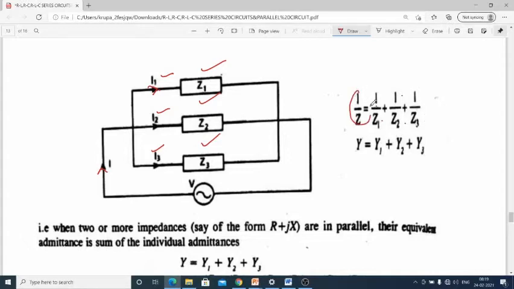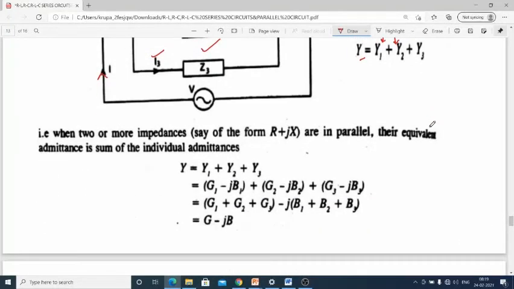So 1 upon Z means Y: admittance of the first element, admittance of the second element, admittance of the third element. When two or more impedances, say in the form of R plus jX, are in parallel, then the equivalent admittance is the sum of the individual admittances. Okay, Y is equal to Y1 plus Y2 plus Y3.